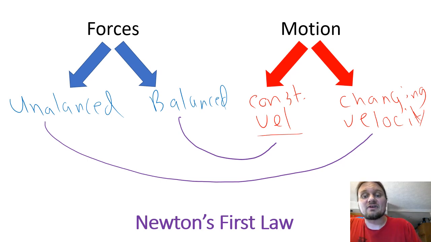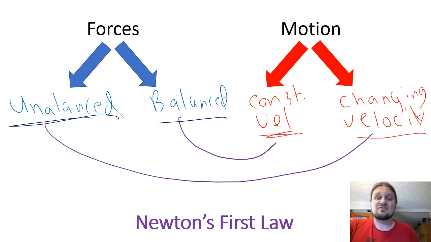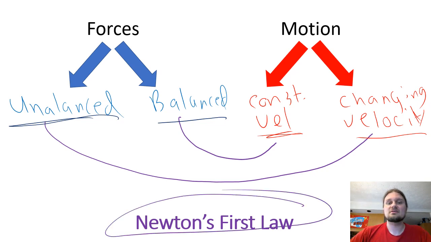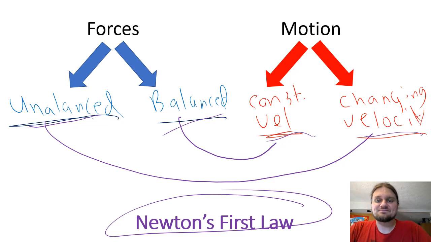Notice that we've got some blue action going on over here, and some red action going on over here. And what happens when you put blue and red together? Oh my goodness, you get purple. So some deep metaphors going on there. But again, Newton's first law is about tying together one state of force with one state of motion. Unbalanced forces, changing velocity. Balanced forces, constant velocity. Bam, that's it.